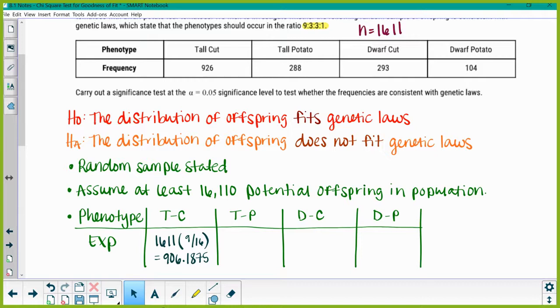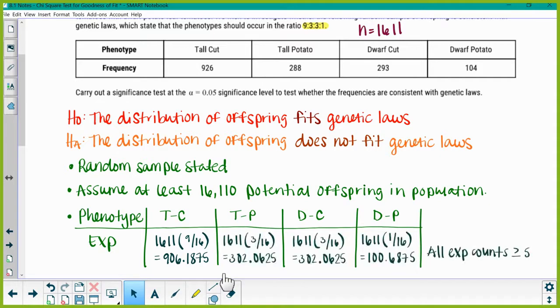We're just going with the ratio as presented in the order that they have presented the data. That's the only conclusion we can really draw. And then for my tall potatoes, it's going to be 3 out of 16 times our sample size, which is 302.0625.